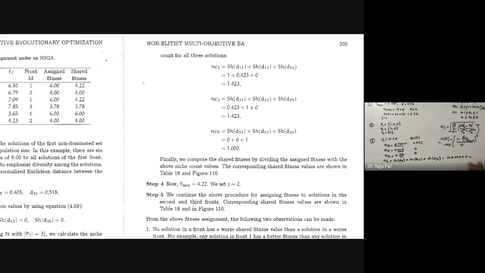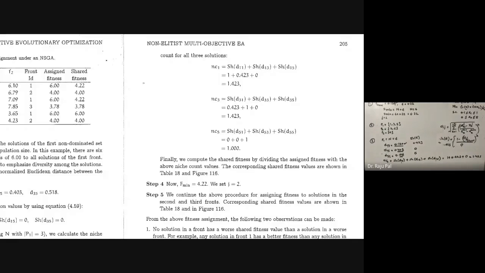When we calculate it, you can see in this book 1.423 is the value. So this is the niche count NC1. For the first solution, we have calculated the niche count.